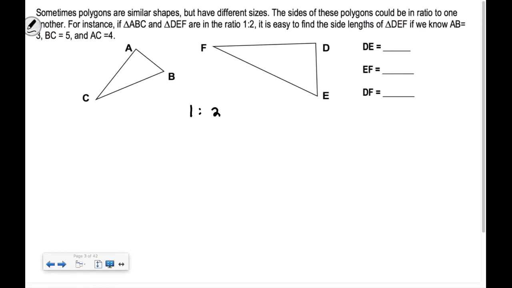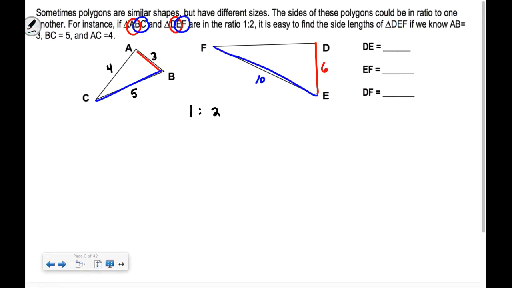So if you know that AB is equal to 3, BC is 5, and AC is 4, and we line it up, we're like, okay, AB is in the ratio of DE. So here's DE. We had AB was 3. If it's in the ratio of 1 to 2, what does DE have to be? It has to be 6, right? Does that make sense? And BC is going to match up with EF. If it was 5 for the original, what's this one going to be? 10, right?